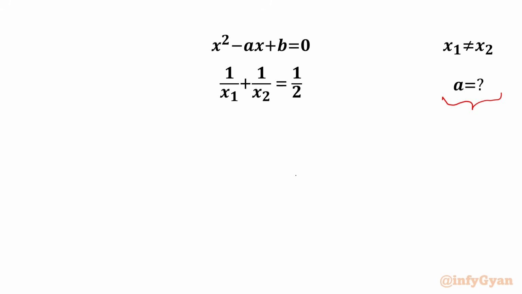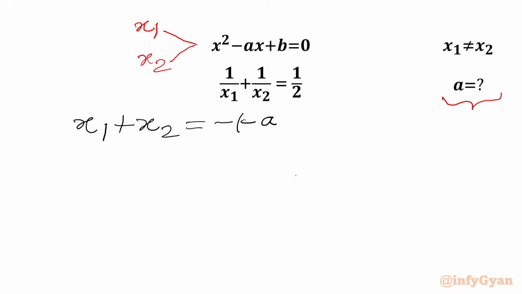So let's begin. We have roots x1 and x2. x1 cannot be equal to x2 because roots are distinct. Now we'll be using Vieta's formula over here. So we'll write sum of roots first. x1 plus x2 will be minus of coefficient of x, which is minus of minus a, over leading coefficient, it is 1 over here.